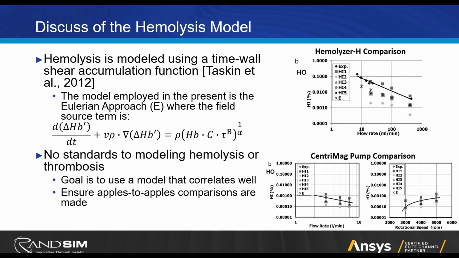They did an analysis looking at hemolyzer H's, Centromag pumps, and several other devices, and at how different hemolysis models, whether Eulerian or Lagrangian, matched up to the experimental data. They showed that depending on what you're looking at, different models match better to reality in absolute value, and some matched up fairly well. But across the board, all of these hemolysis models trended very well with the experimental data.